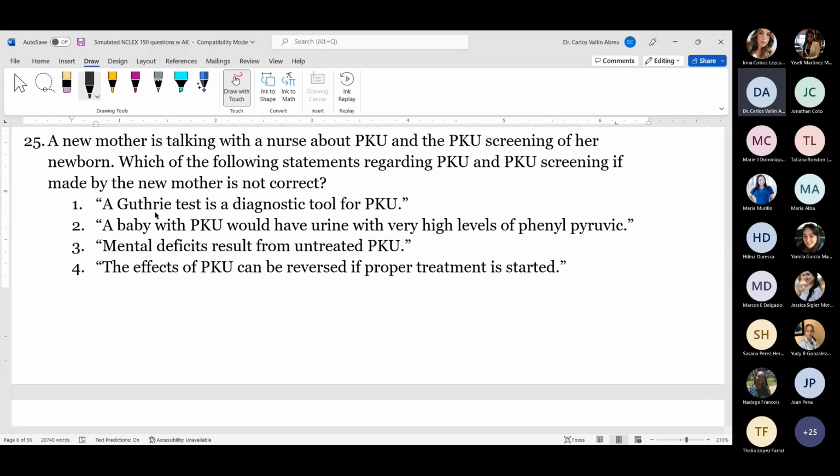So what do you suspect is the answer? What is the wrong statement? Three. No, it's not reverted. The brain damage cannot be reverted. Exactly, yes. So it can be prevented, but not reverted. So it looks like the wrong statement is 4.